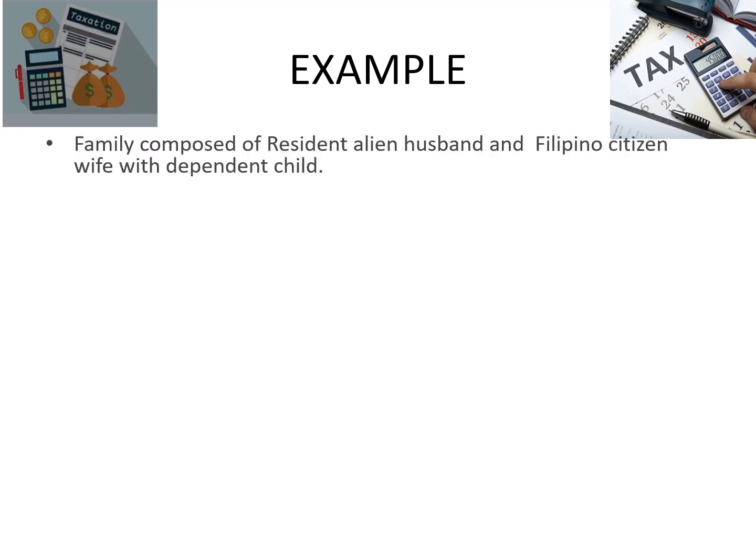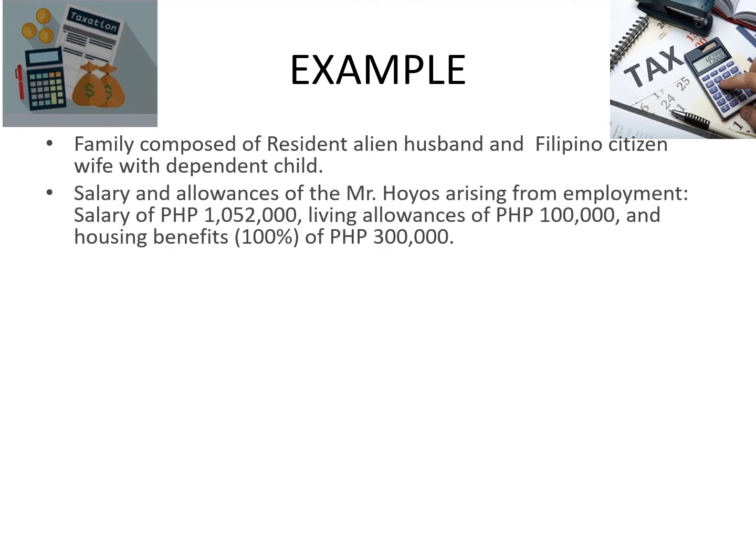For example, a family composed of a resident alien husband and a Filipino citizen wife with a dependent child. The salary and allowance of Mr. Huyos arising from employment: salary of 1,052,000, living allowance of 100,000, and a housing benefit of 100% of 300,000.